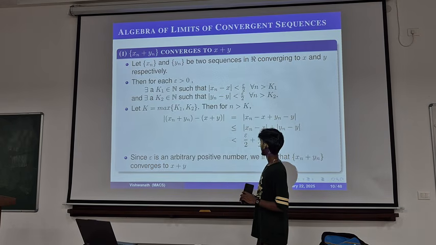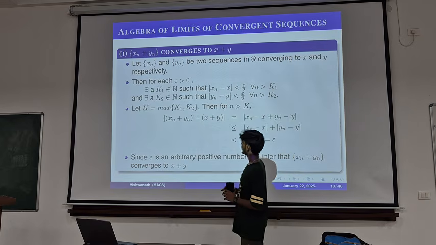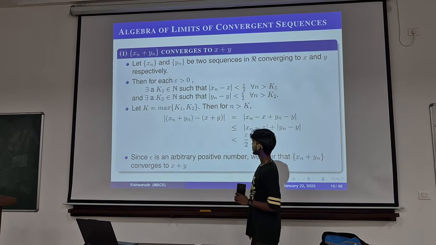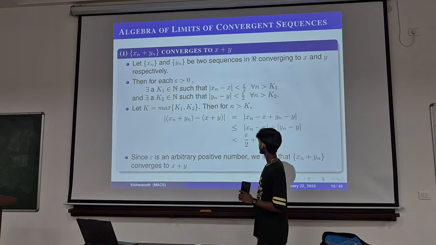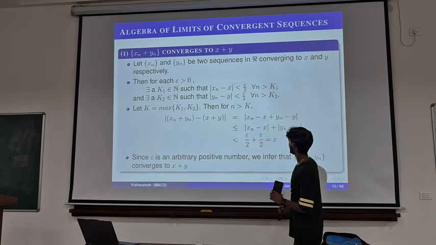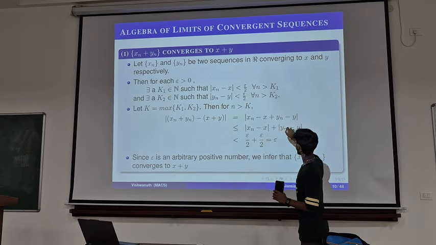Then for n greater than k, let's take in the LHS the modulus of xn plus yn minus of x plus y. We can open the brackets and write this as xn minus x plus yn minus y.